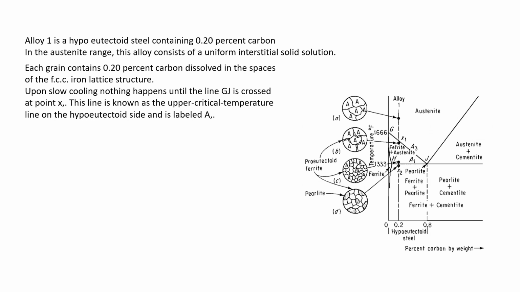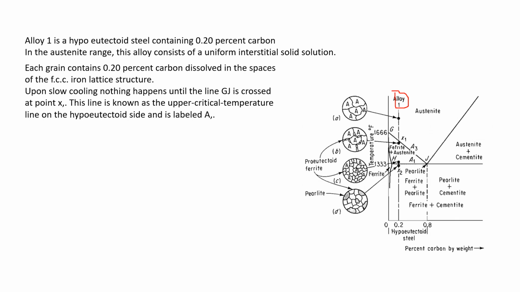So we will explain the slow cooling of Li1. Li1 is a hypoeutectoid steel containing 0.2% carbon. In the austenite range, this alloy consists of a uniform interstitial solid solution. We will study the effect of cooling Li1 at a constant composition of 0.2%.